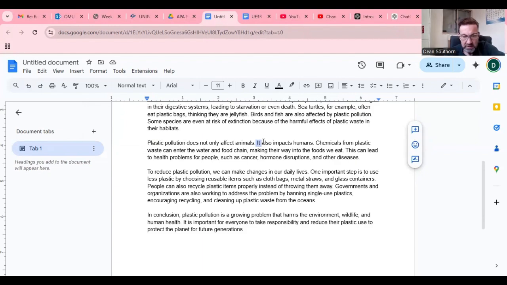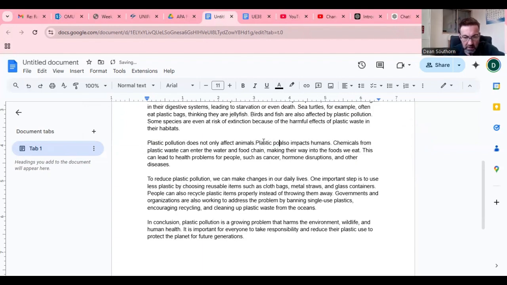Imagine if this was replaced with plastic pollution. So plastic pollution does not only affect animals, plastic pollution also affects humans. Chemicals from plastic waste can enter the water and food chain, making their way into the foods we eat. This can lead to health problems for people.